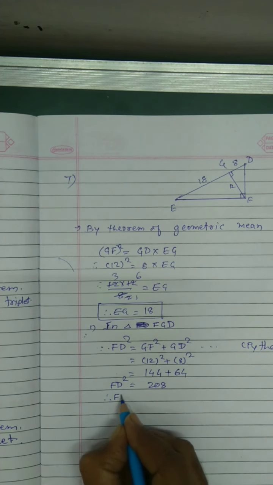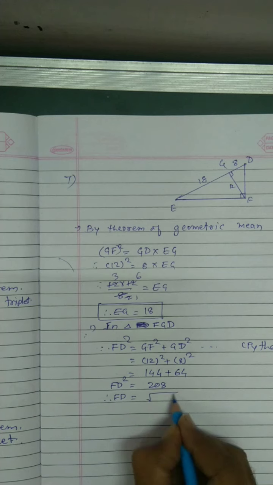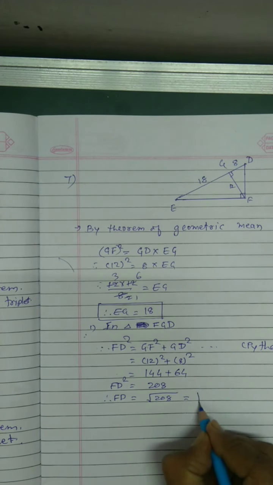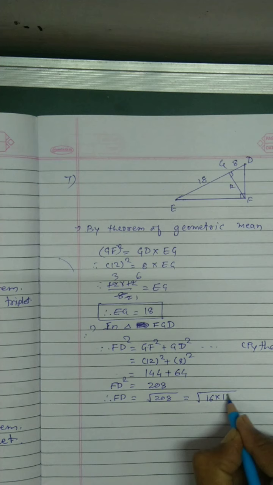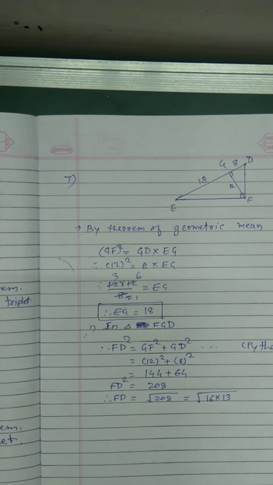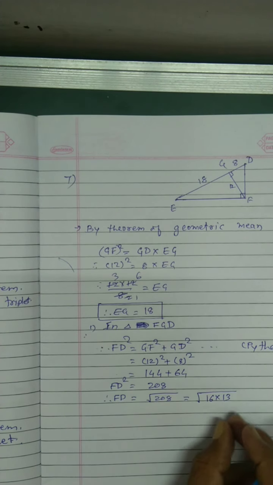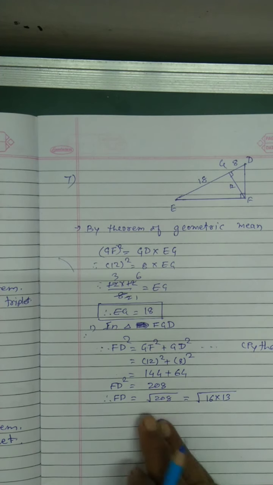Therefore FD is equal to root 208. We have to simplify this. 208 is equal to 16 into 13. One number is a perfect square. We have to get factors such that one number is a perfect square. 16 into 13 is equal to 208.